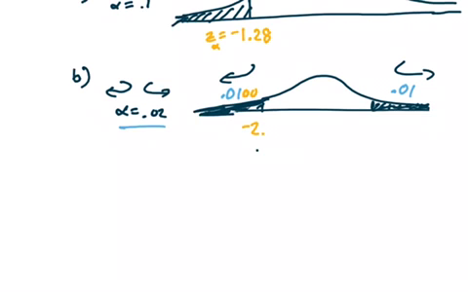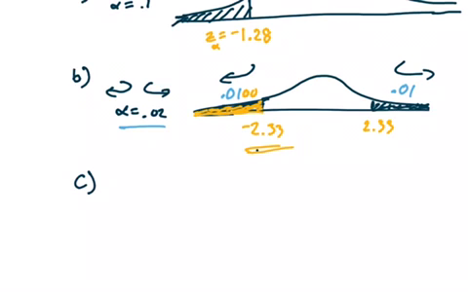We couldn't get exactly 0.0100, we got 0.0099. That was as close as we could get to the area of 0.01. So what is this z value on the right? Well, that would just be the opposite, positive 2.33. All right, so one thing to notice is that the z value you find first should be the one on the left-hand side, and it should be a negative value. All right, we know that.